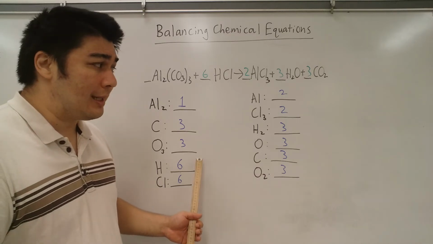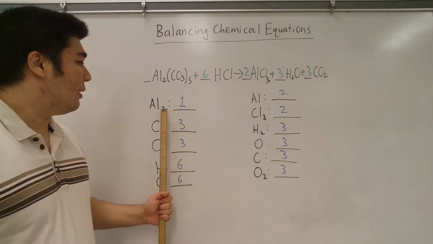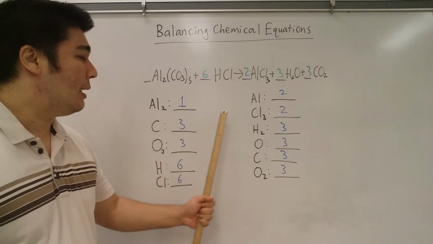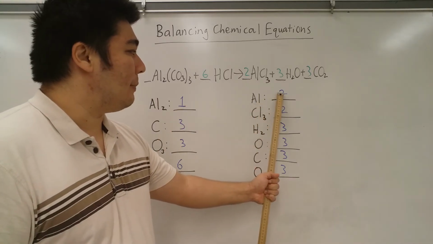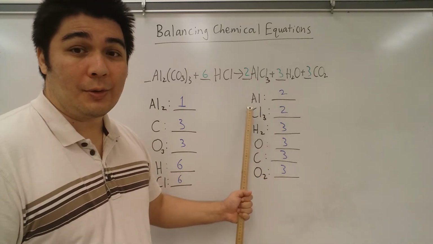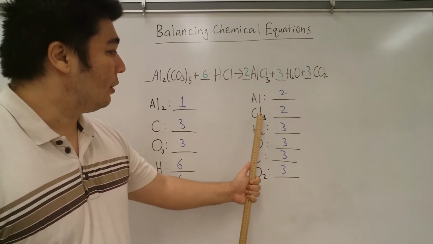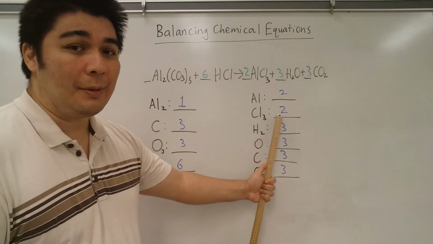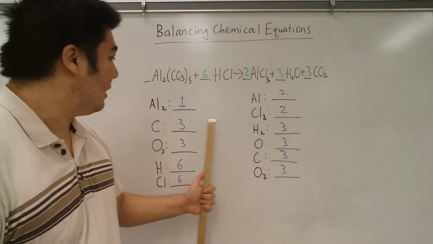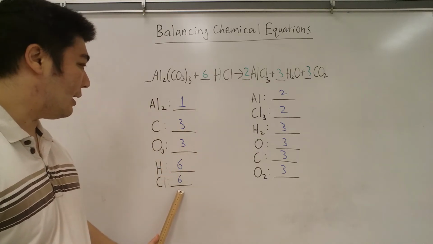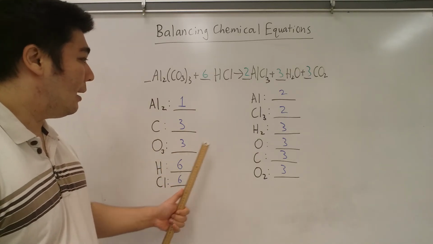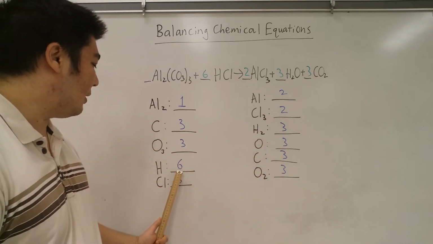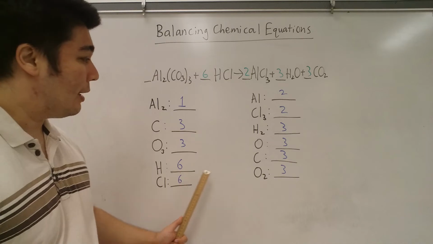And don't worry, the answer is exactly the same. Take a look at this. There's 2 aluminums on this side, because 1 times 2 is 2. There's 1 aluminum on this side, but there's a coefficient of 2, so 2 times 1 is still 2. Chlorine has 3, but it's times 2, so that's 6, and there's 6 chlorines over here. When it comes to the hydrogens, H2, 2 times 3 is 6, just like what we have over here for hydrogen.